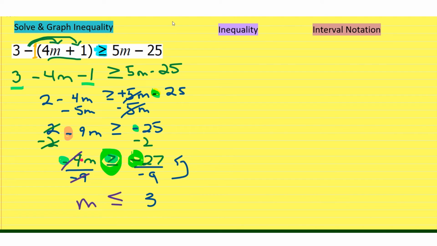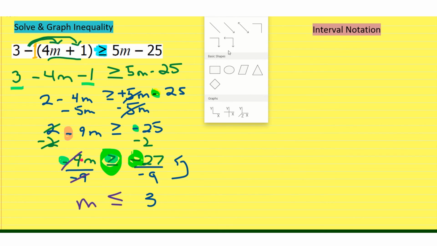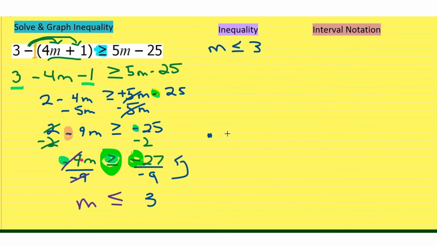And sometimes the textbook or teacher that you have may accept that as the answer in full in terms of how you would express it as an inequality. But we're going to, in a few minutes, figure out how to write it using interval notation. But before we do that, we are going to go ahead and graph it.